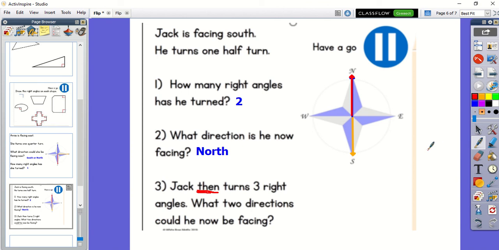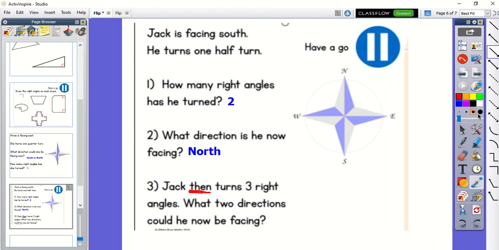So, let's get rid of my arrows so far so we don't make a big mess on here. So we're currently facing north. And he's turning 3 right angles. So let's start off with the clockwise direction. So we're starting at north. We're going 1, 2, 3.